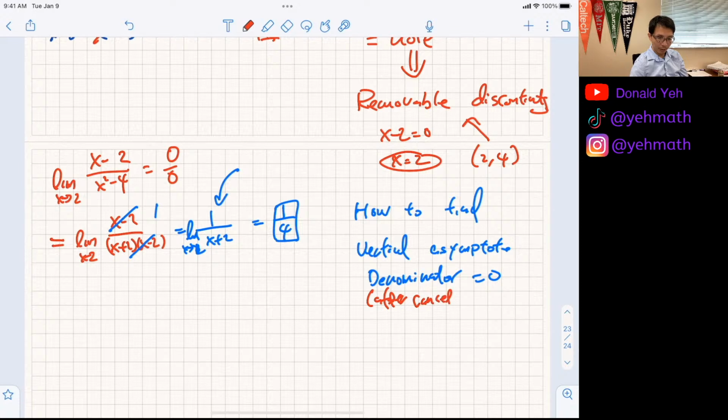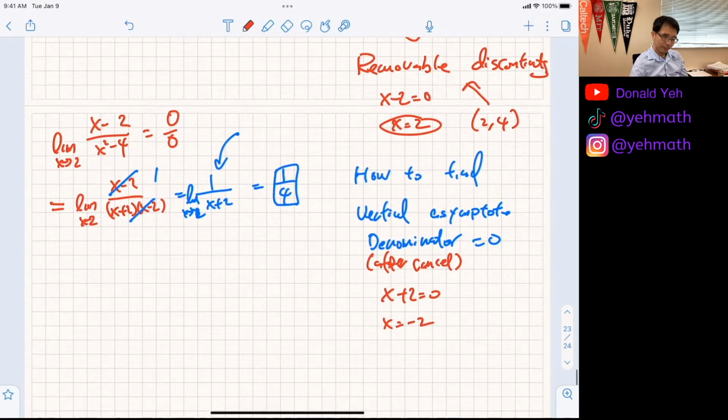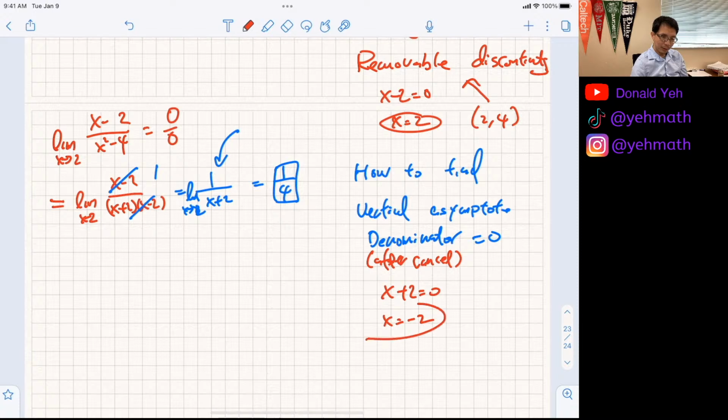Before you cancel, it's going to create two things. So after you cancel the x minus 2 out, x plus 2 equals 0, that's x equals -2.